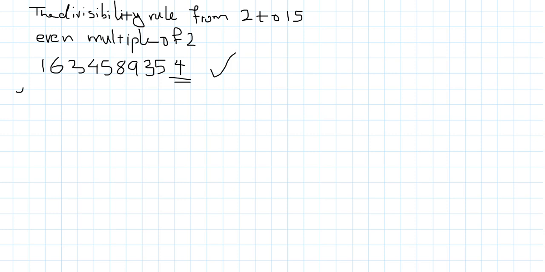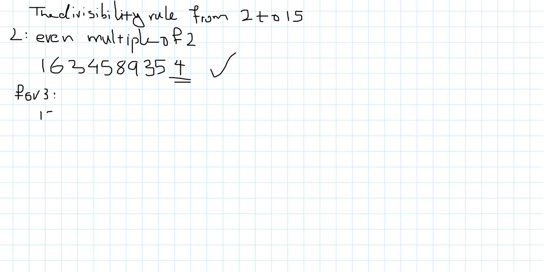Now for 3. By 2 is very easy. By 3, if I add the digits one by one and the sum of the digits is divisible by 3 or is a multiple of 3, I can say it can be divided by 3. So let's check.